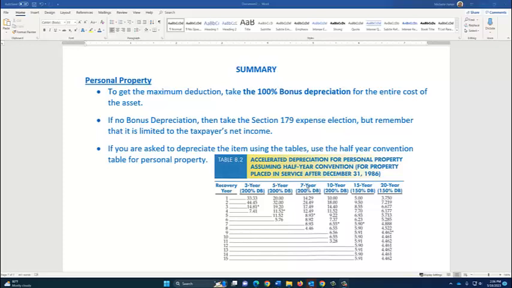If you are in the 3rd year of depreciation for a 7-year item, then your percentage will be 17.49%. Remember, this indicates the recovery year, the year that you are depreciating the item. So year 1 would be 2022, year 2 will be the amount you're going to take in 2023, year 3 would be the amount that you're going to take in 2024, and so on.